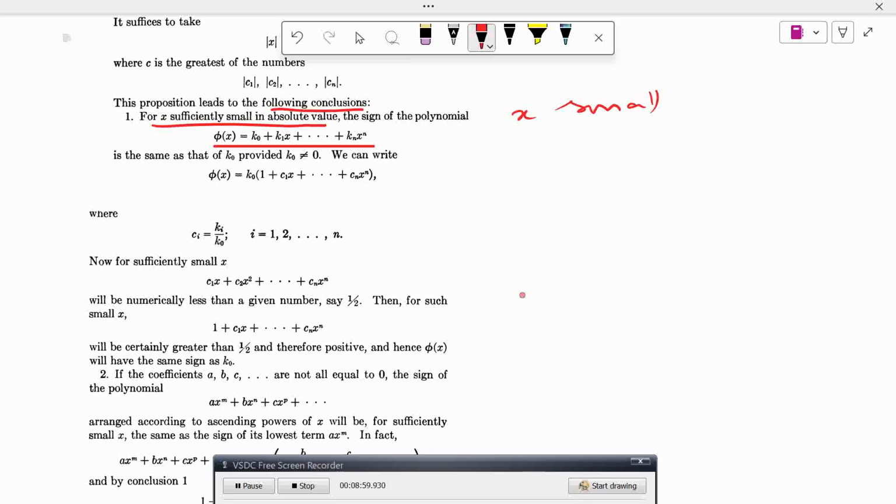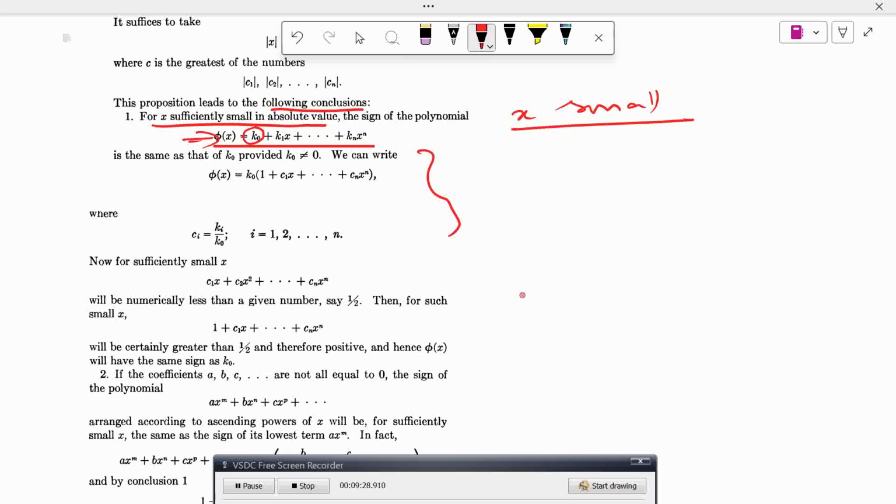Then the sign of this polynomial is equal to the sign of this constant. That is the only result you will have to learn. The sign of this polynomial will be the sign of the constant when this x value is very small. How you got that is the proof here, but this is the result you have to learn. Okay, we'll just understand how you got it.